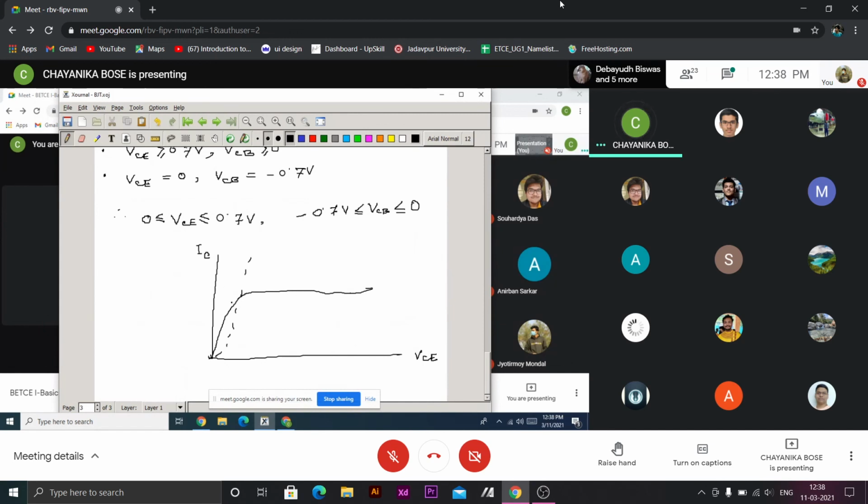So in this region, you are applying VC smaller than ধরো 0.7. So applying VC less than this, your current will also be small, very small. তাই না?